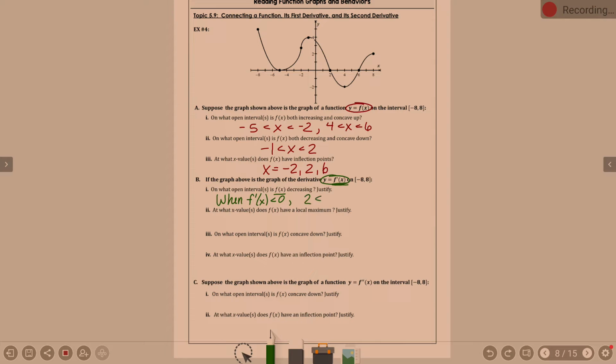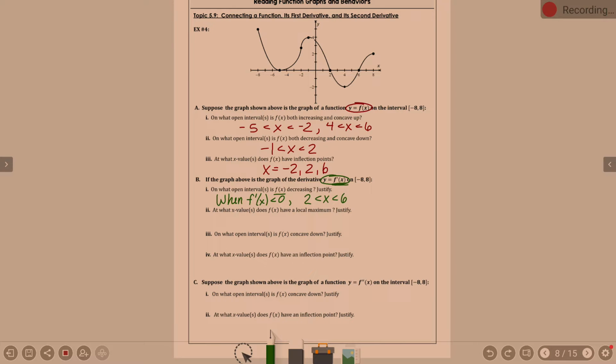So 2 less than x less than 6. My justification is that's when the derivative is less than 0. I'm shorthanded, I don't have a lot of room. Know the y's, okay?